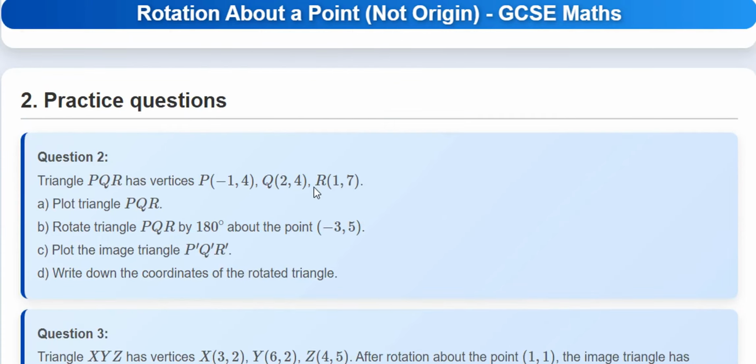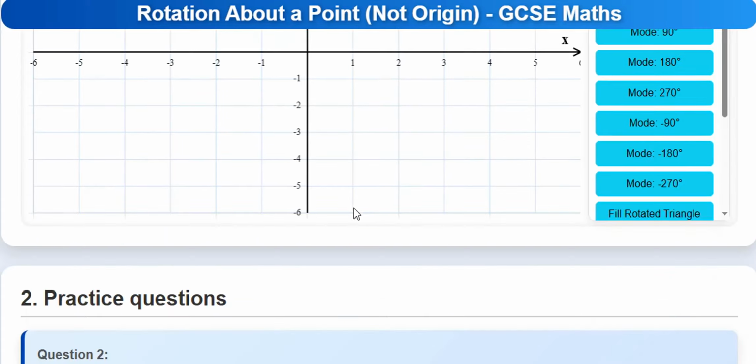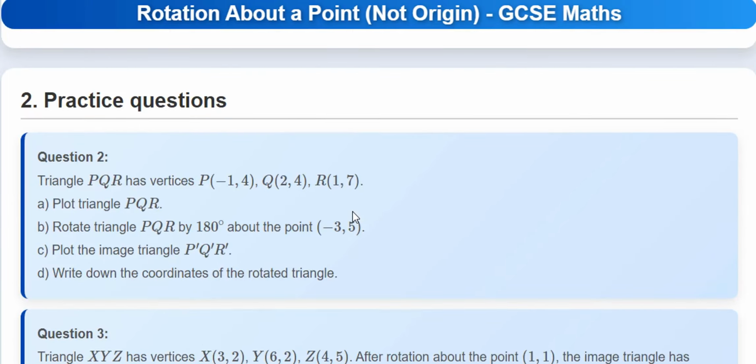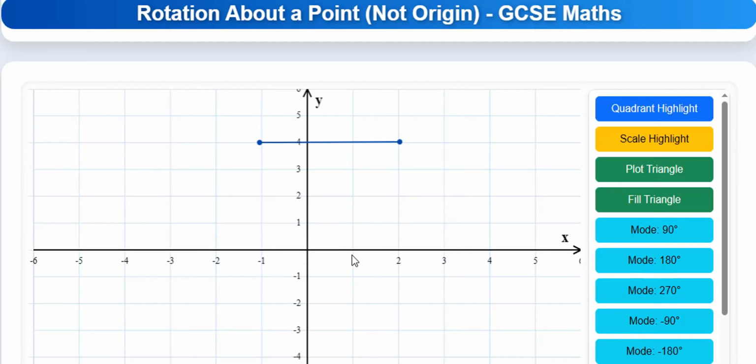Then the second one is 2, 4. So 2 and 4 somewhere there. And then the last one is 1, 7. It is 1 and 7. Let me just put it somewhere there. Assume it's above them because 7 is far away and beyond the grid.